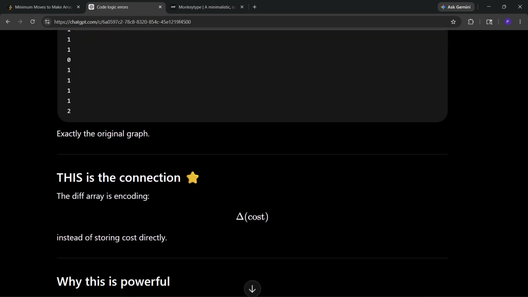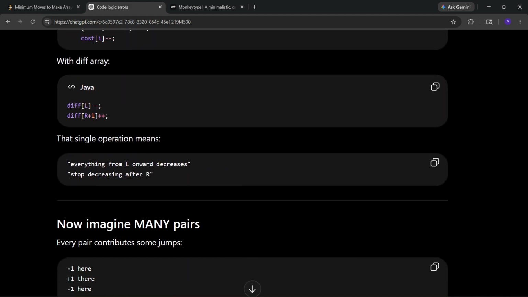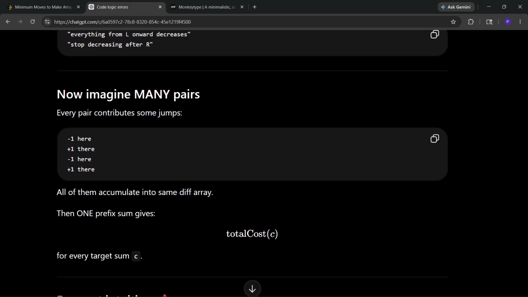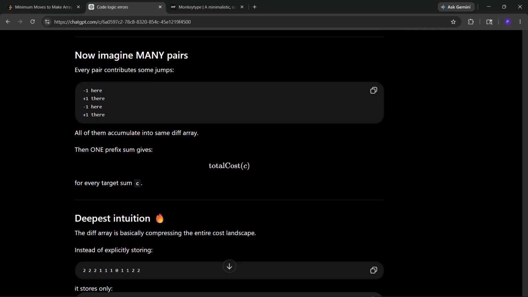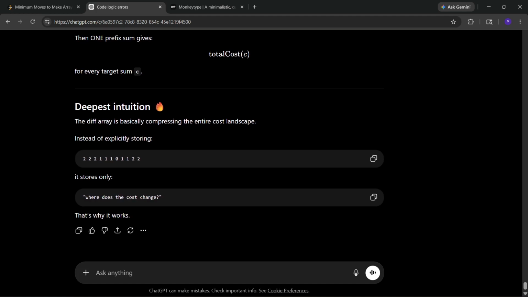Cost. Change in cost. Delta cost. What was the total cost that I calculated on that?